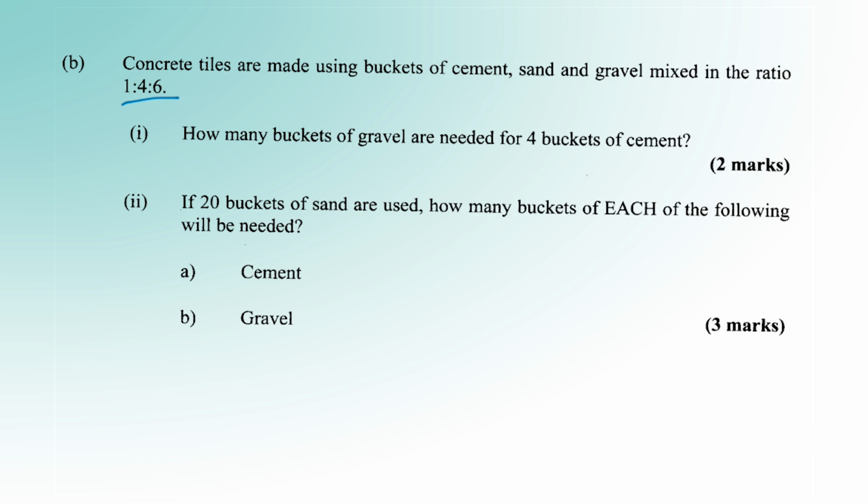So 1, 4, 6. How many buckets of gravel are needed for 4 buckets of cement? And then you have 20 buckets of sand. How many buckets of each of the following would be needed? So let's see what we do. First we set out the cement, sand, and gravel in the ratio format.